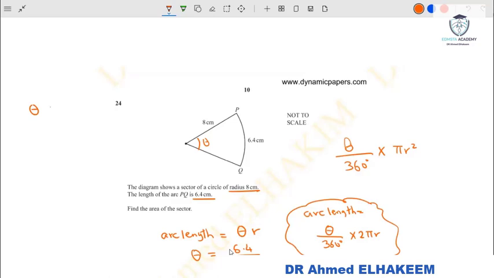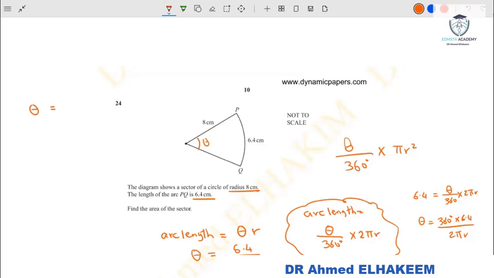Our arc length is 6.4 equals theta over 360 times 2 pi r. So theta is equal to 360 times 6.4 divided by 2 pi r. Now find it, please. Mister, do we use mode radian or degree?